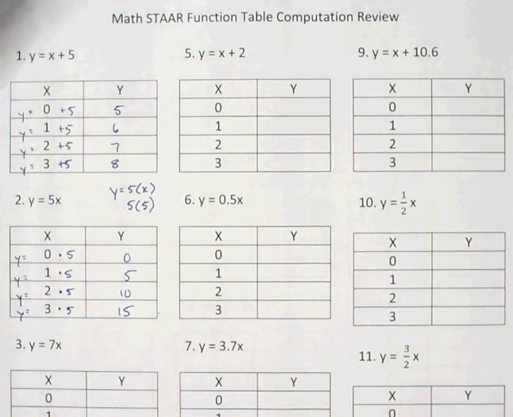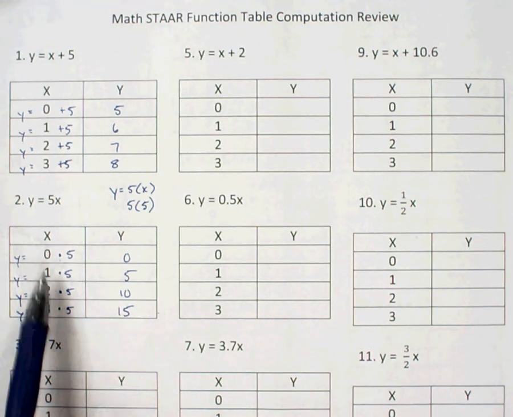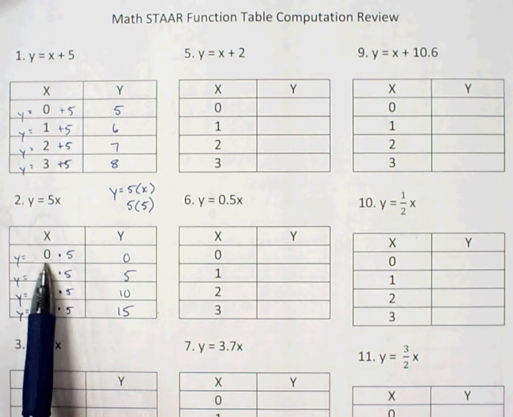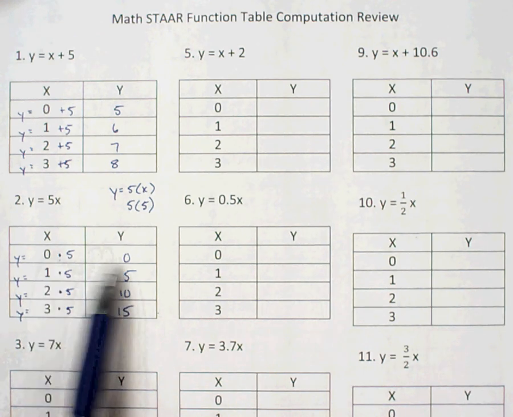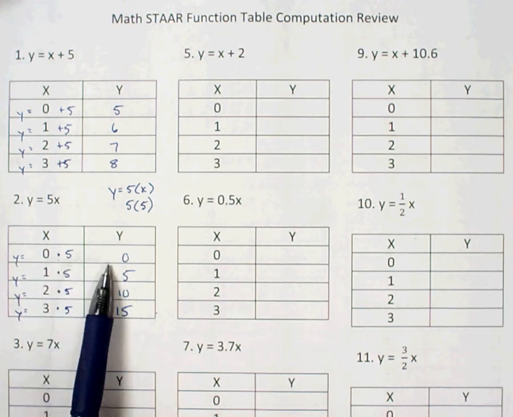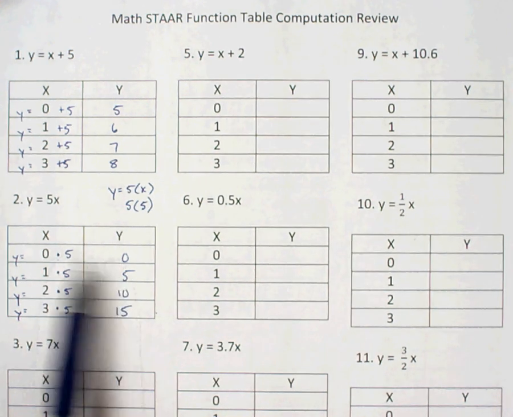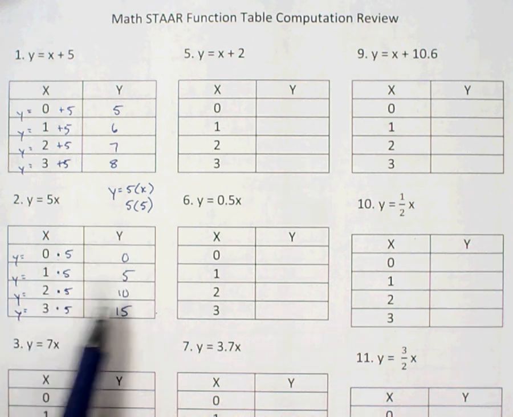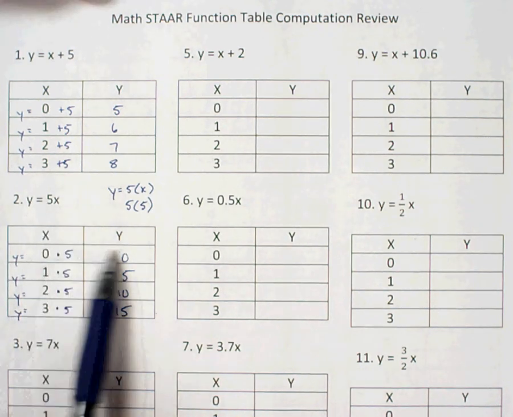One thing to notice, and an easy way to tell if it's a multiplication pattern or an addition pattern: if they're just one step, and most of what you're going to see is just one step, your multiplication patterns will go through the origin, through the point 0, 0. When you get to graphing these points, 0, 0, and 1, 5, and 2, 10, and 3, 15, your multiplication pattern will have 0, 0.